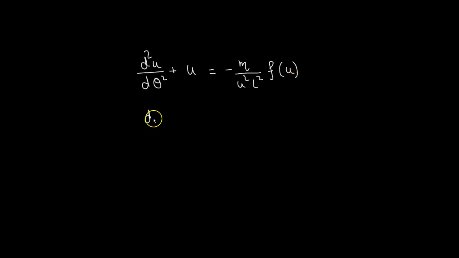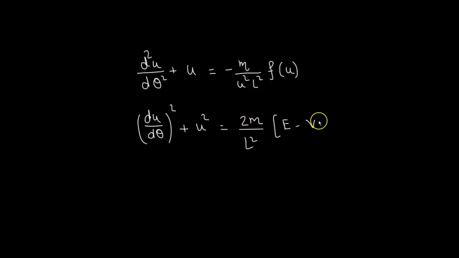And the other one, (du/dθ)² + u² = (2m/L²)(E − V(r)). We'll use either of the two differential equations accordingly, and both of them are going to give us a solution in terms of u as a function of θ. Once we know that, we can also find the value of r. This is essentially the same thing, which will give us the solution of r in terms of θ.